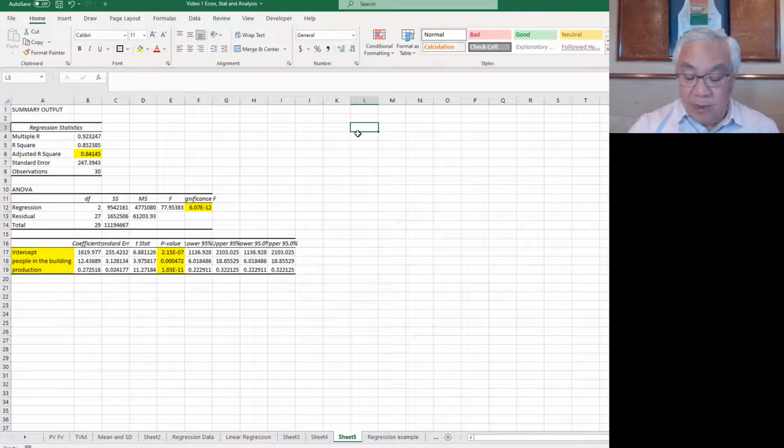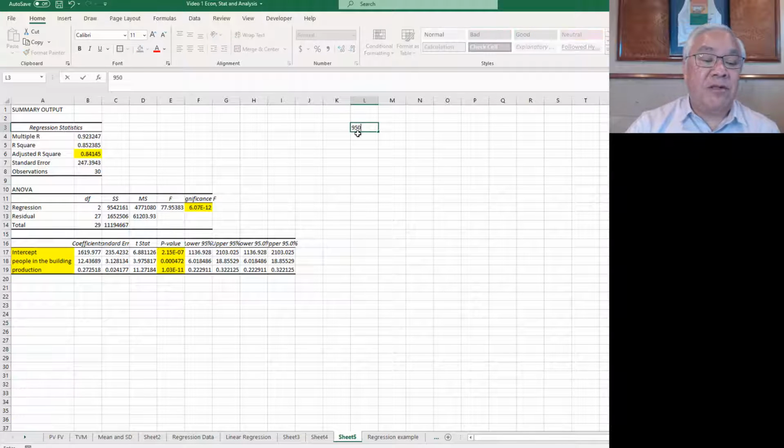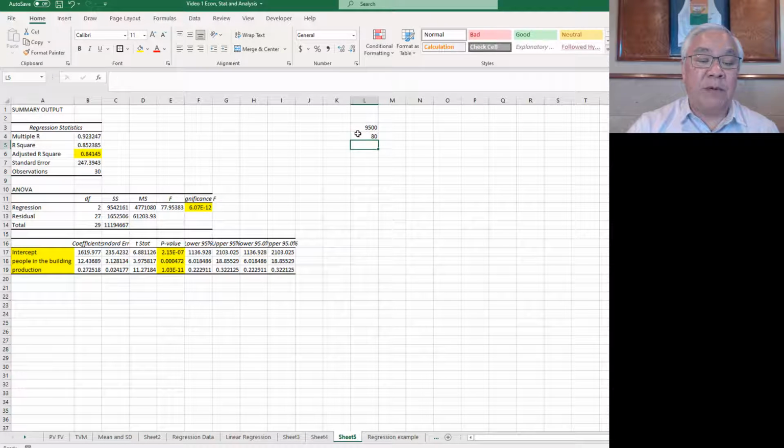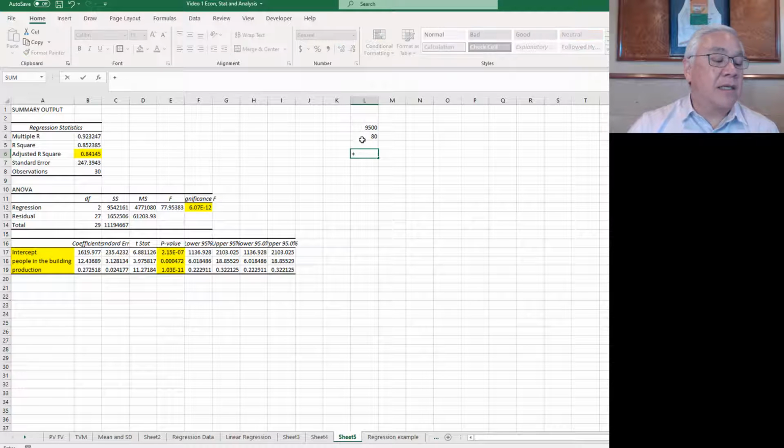So if we said, well, what if we had 9,500 units and we had 80 people, what would the estimate for utilities be? So plus or equals, doesn't matter, the intercept plus the cost per person times the number of people, 80, plus the cost per unit produced times the units produced. Enter.